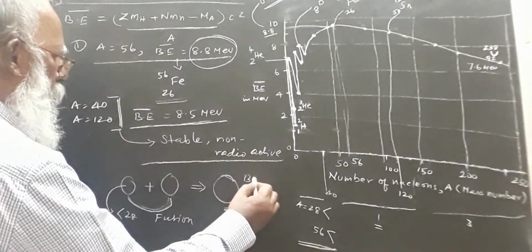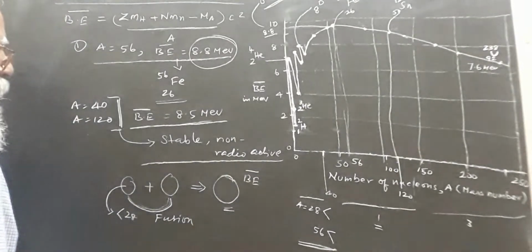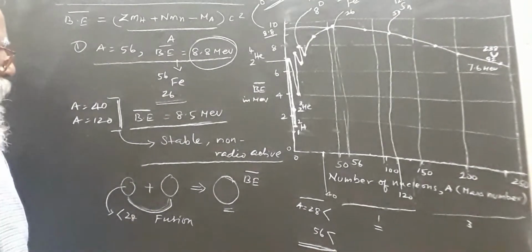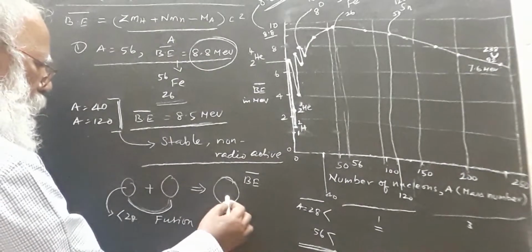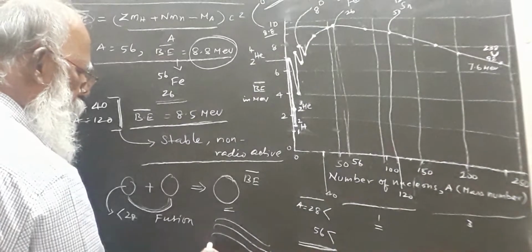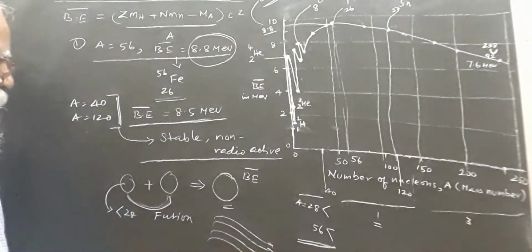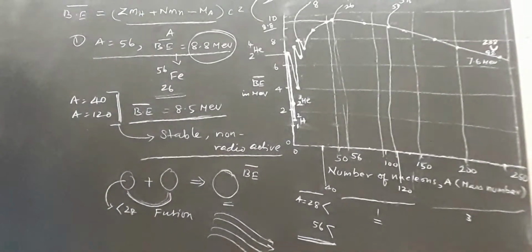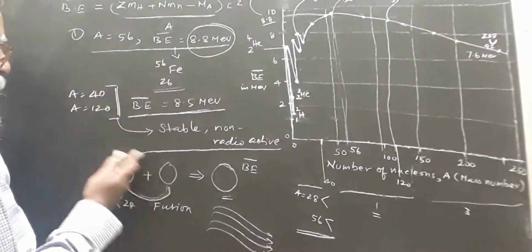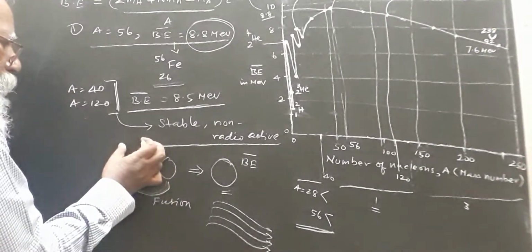Fusion process may happen, then a new form of nucleus is formed. Here the binding energy per nucleon of the new nucleus is higher than the value of the prior ones. So along with this nucleus there may be enormous radiation coming out during this process. That's very important. We already saw in the last class the binding energy calculation, but here the higher value may be radiated.